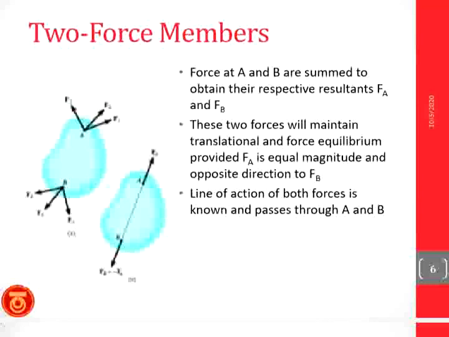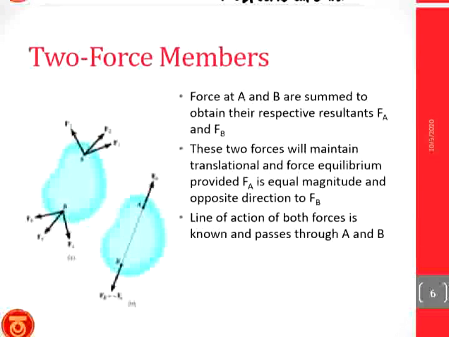Okay, so this is the example of a 2 force member. So for example here, in this structure, there are forces applied at point A and point B, and these forces are F1, F2 and F3. This is the resultant.